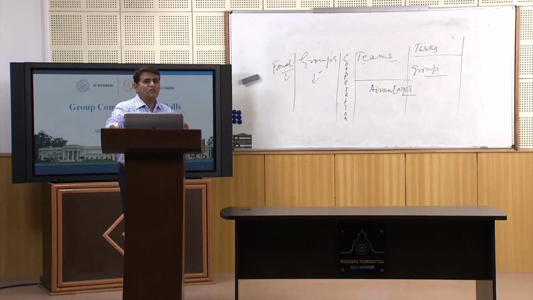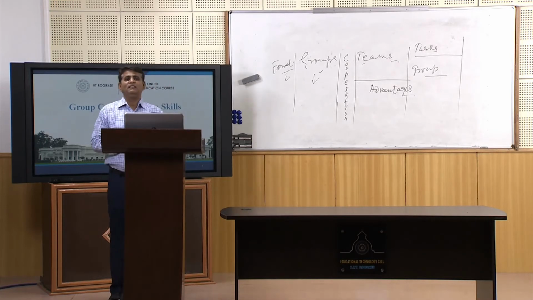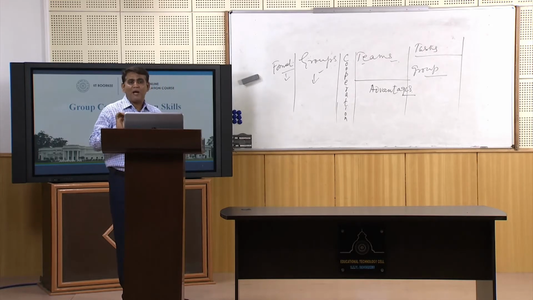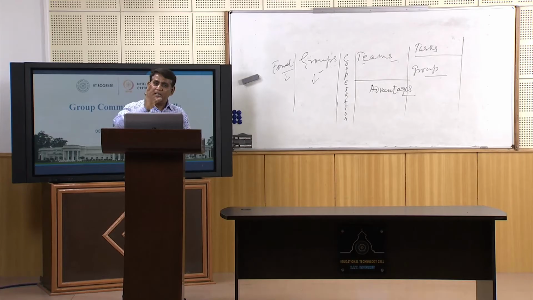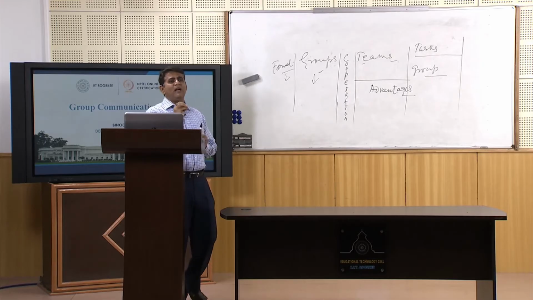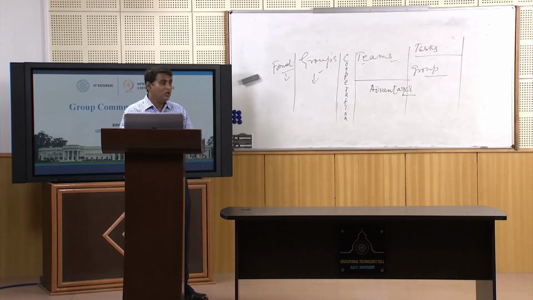Suppose there is a problem and you are trying to reach a solution. When there are so many people in the group, all of them have the capability to think of the problem in their own way, and all of them come with their own viewpoints and views.